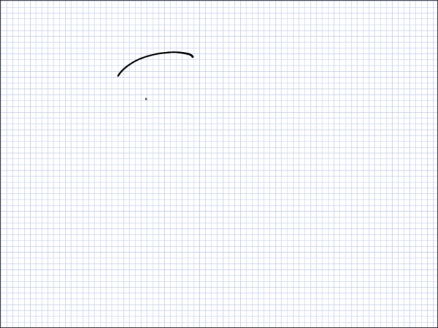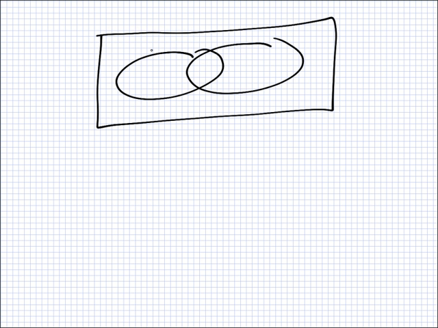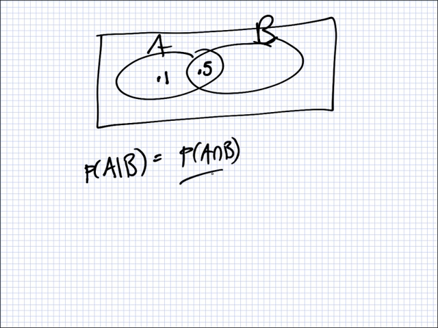Consider two events A and B. Note that the probability of event A is 0.6, and of A and B is 0.5. So that's 0.5, and that one has to be 0.1. And finally, the probability of A given B, which is equal to the probability of A and B over the probability of B, equals 0.625.